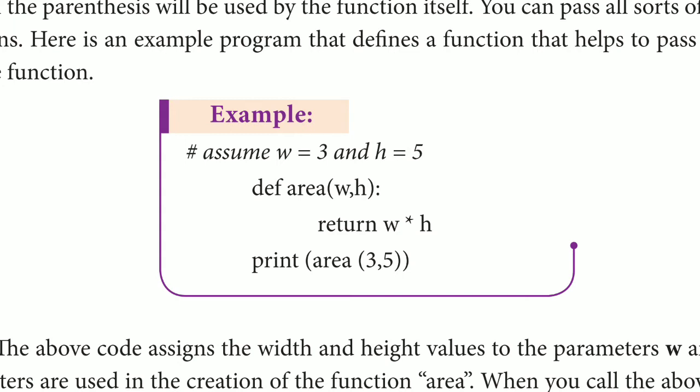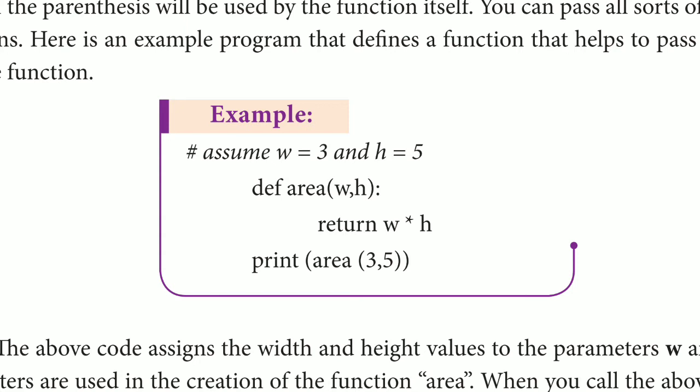In the next statement, def is the keyword and area is the function name, and inside the parentheses w comma h is used. w is a variable and h is another variable. So these are all the inputs that we are going to give to this function area. Next, the colon denotes that this definition is complete.